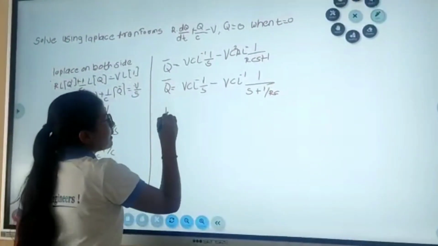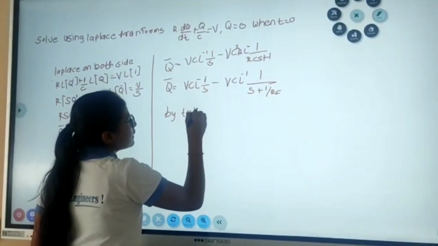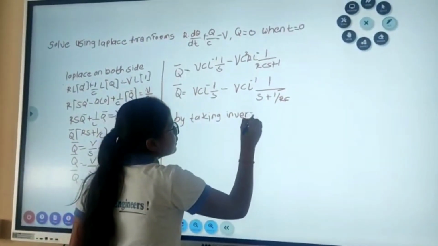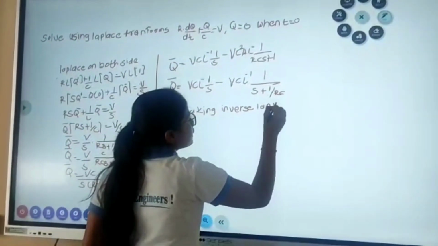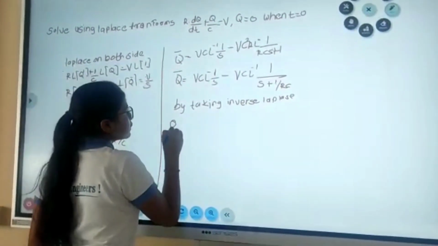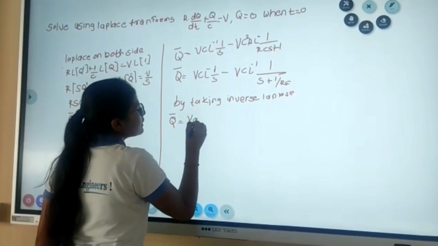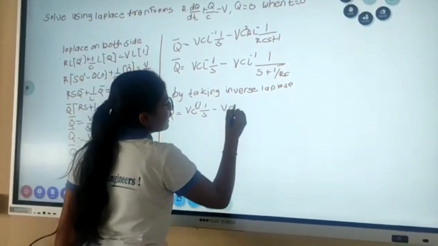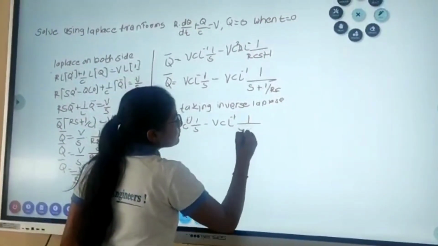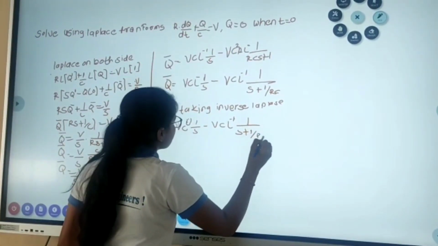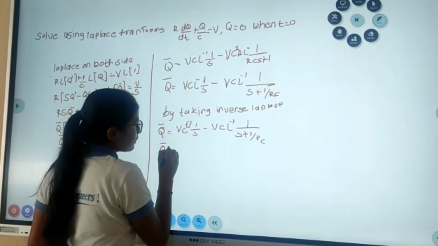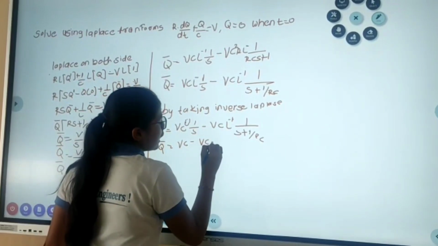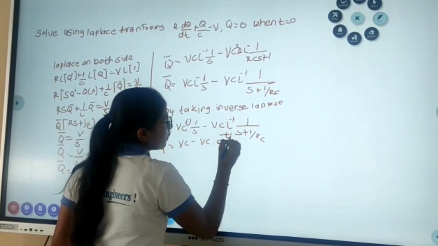Therefore, by taking the inverse Laplace on both sides, the equation becomes Q is equal to VC minus VC into e raised to minus t upon RC.